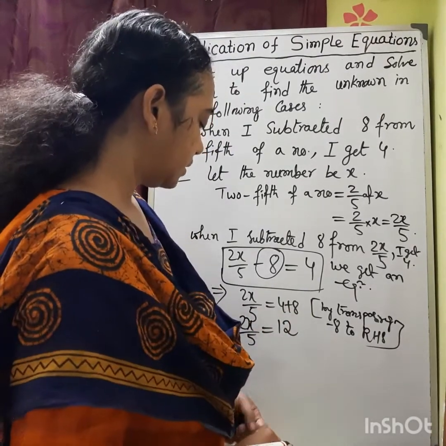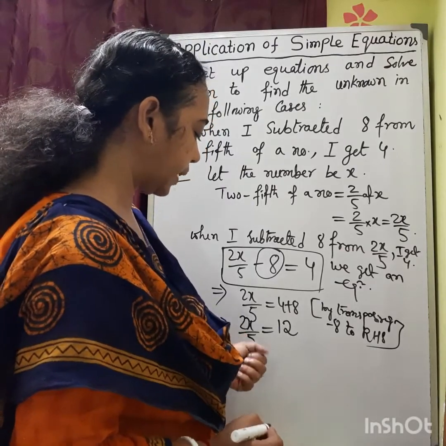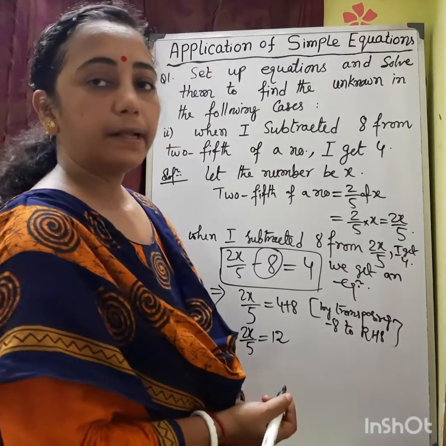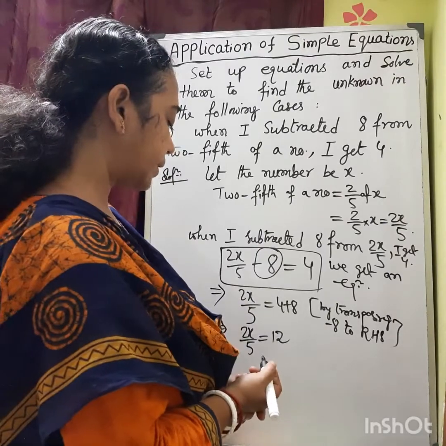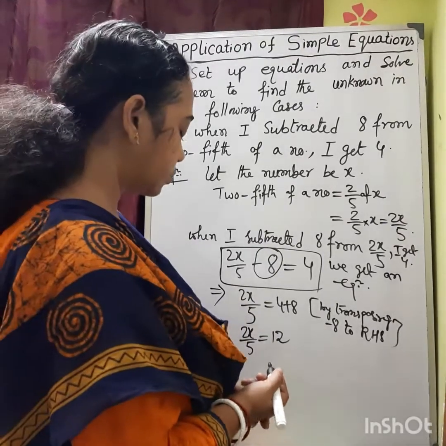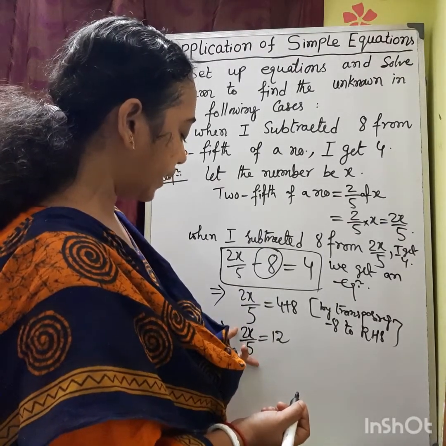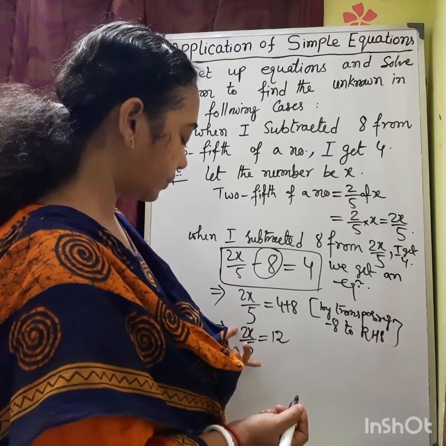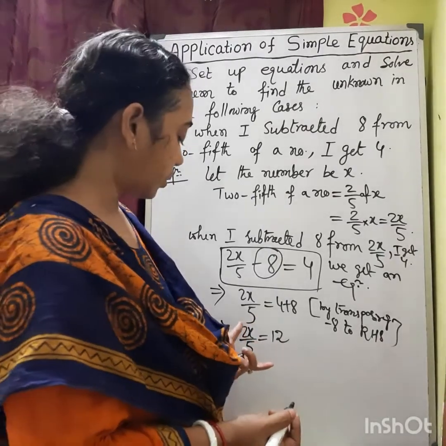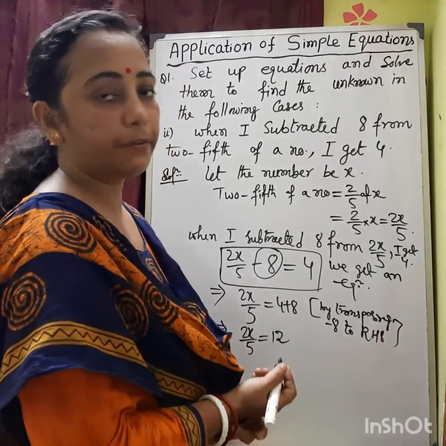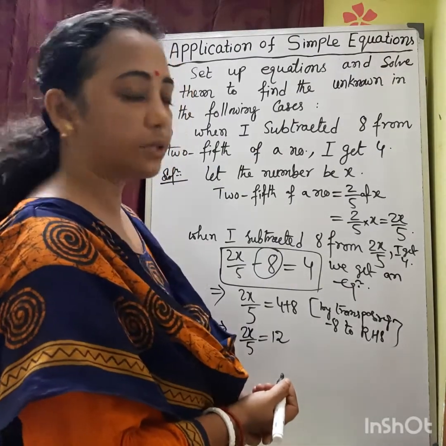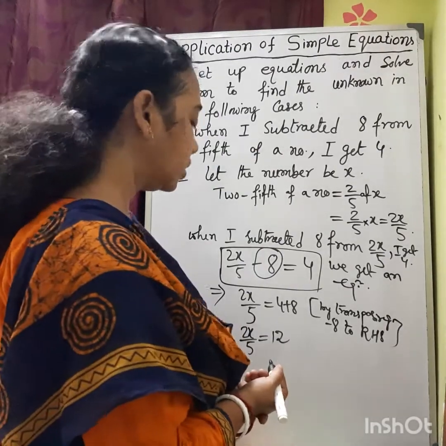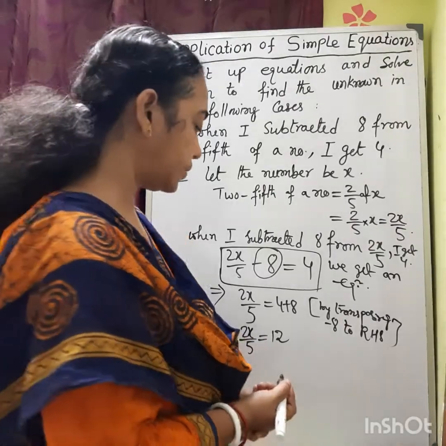Now again, here the fraction is multiplied with a variable x. In order to remove the fraction 2 by 5 from left hand side, which is multiplied with x, let us multiply both sides by 5 by 2.